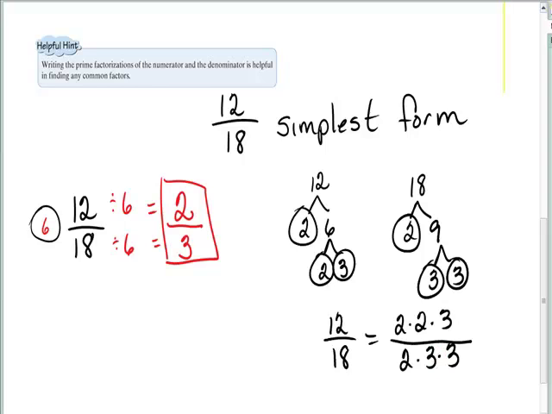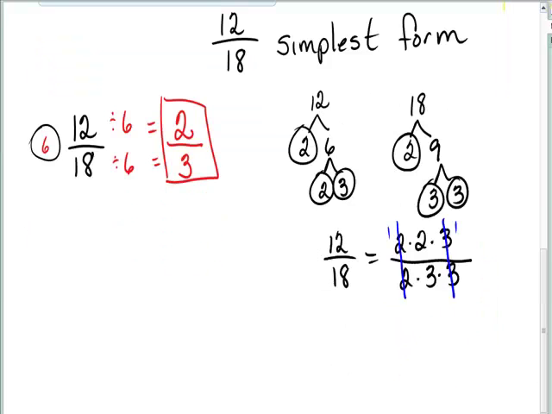We know that any number over itself is equal to 1. So 2 over 2 becomes 1. 3 over 3 becomes 1. And if I multiply 1 times 2 times 1, I get 2. And if I multiply 1 times 3 times 1, I get 3.